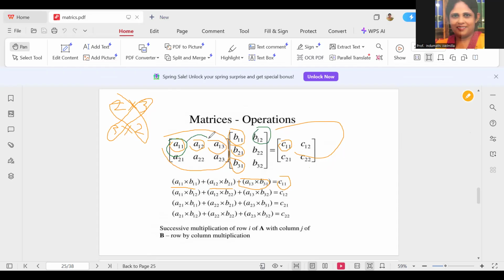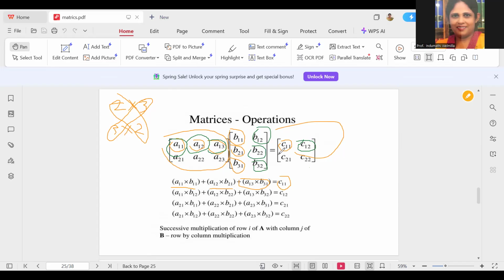And next, we need to add to that value the product of A12 and B22. And then A13 multiplied by B32, right? So after adding all these things, we can write the second element, 1, 2, like this, okay? And then we need to get another one, right?